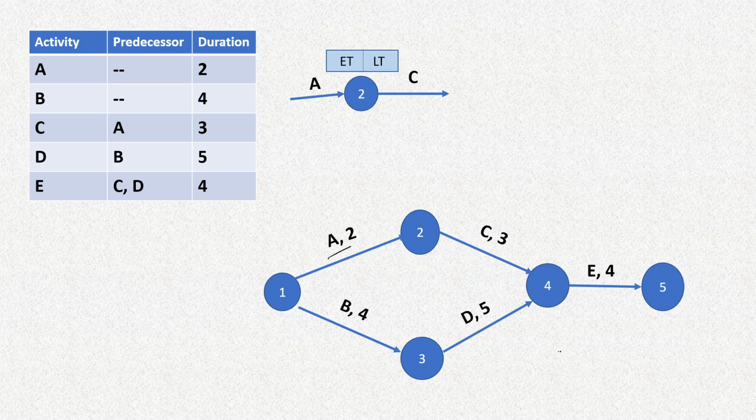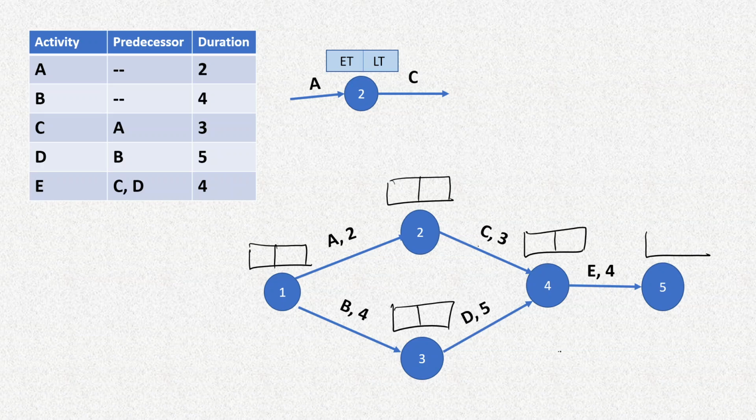If you write these durations here along with the activity name, we'll draw these kind of boxes here and carry out forward and backward pass processes. So the first box represents earliest time and the second box represents the latest time.